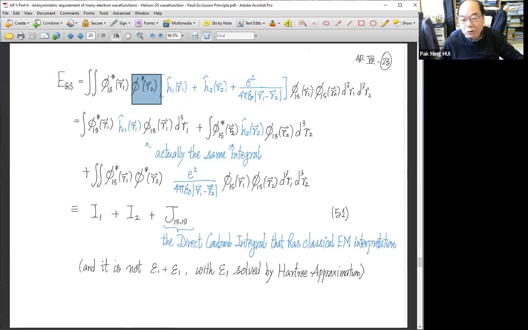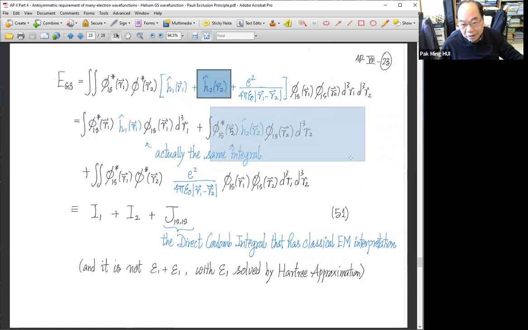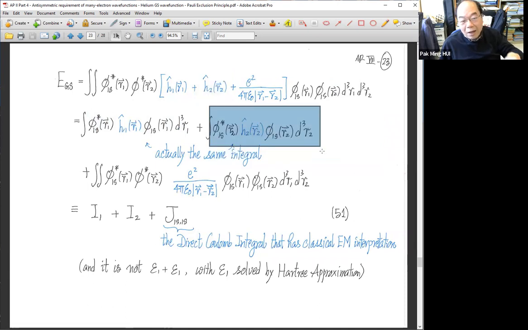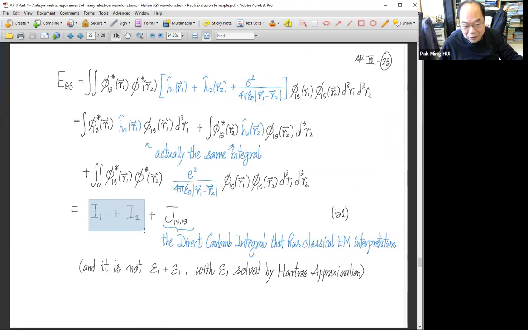Well, this r2 will integrate to 1. It has nothing to do with r2, so you are left with this. The second term, you are left with this. But r2, r1 are dummy variables to integrate over. In these 2 integrals, they are actually the same. I represent it by I1, and actually it's 2 times I.